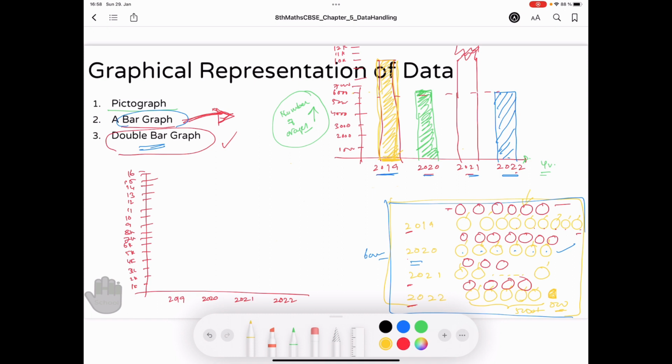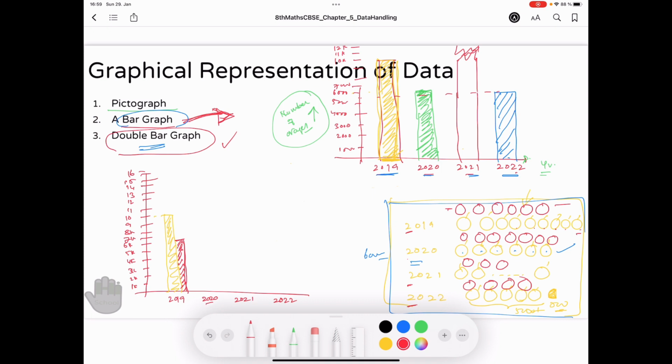So we'll make a bar or a rectangle of height 10,000 for the year 2019. In the same year we had 6,000 apples. So in the same year, side by side, we can put one more bar here at 6,000. Like this, we are making a double bar.